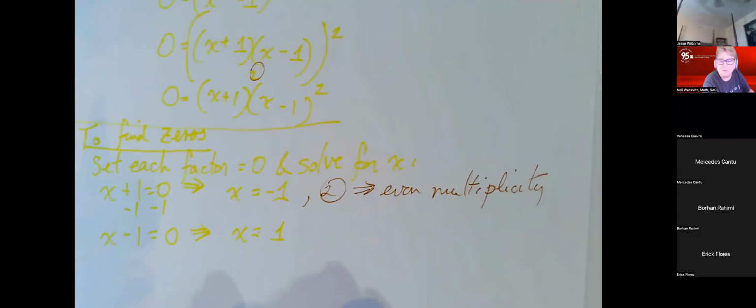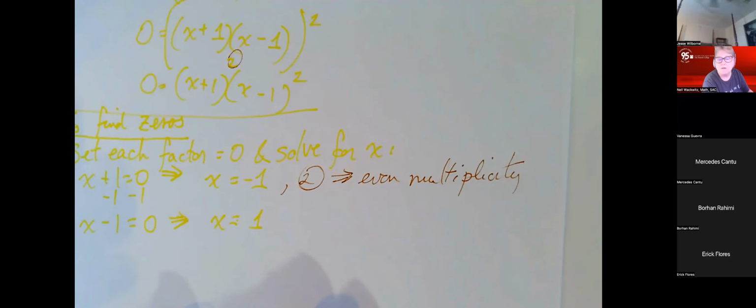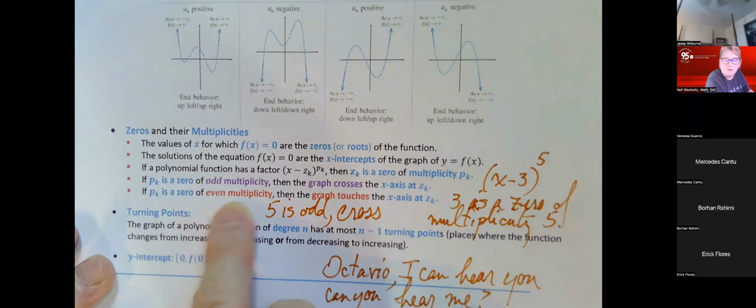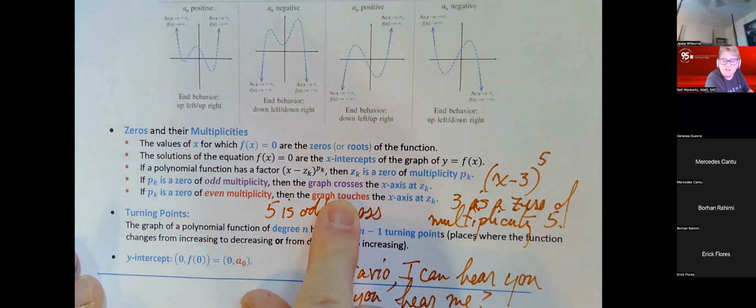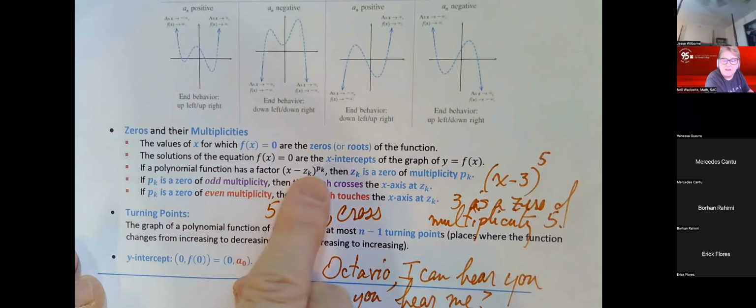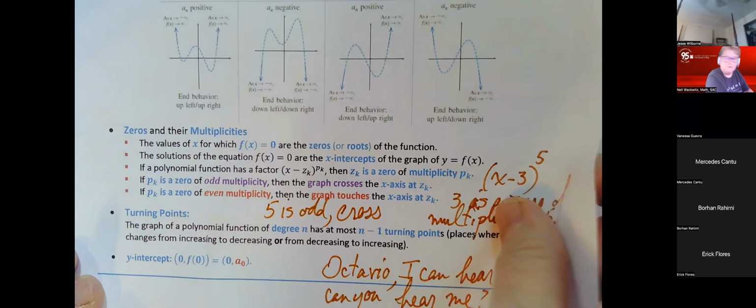And what does that say? Do I cross or touch at x equals -1? Let's look. With the multiplicities, even multiplicity touches, odd multiplicity crosses. Okay, so we're going to touch.